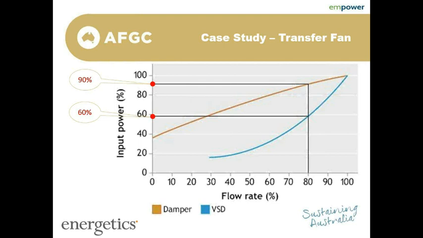But it's not quite linear, and at zero flow rate the fan's still using about 40% or 35% of the input power. That's compared to the variable speed drive, where similarly at 100% flow rate it's still using 100% of the input power, but as the flow rate drops, the input power drops dramatically, and a lot quicker than with the dampener.